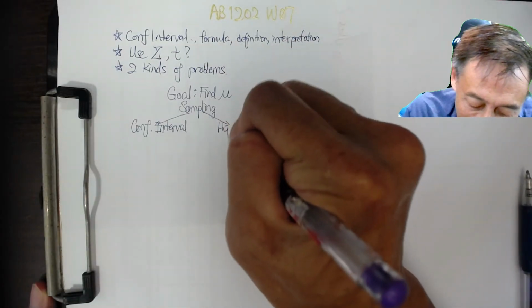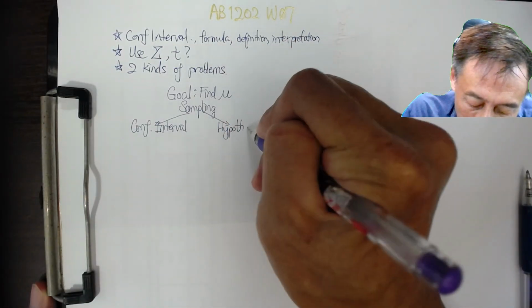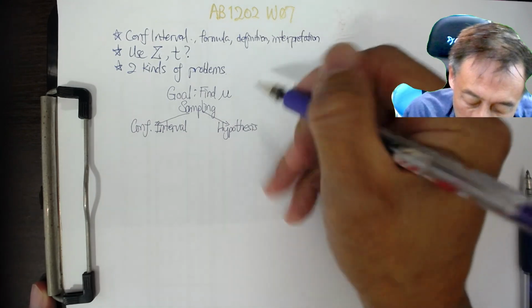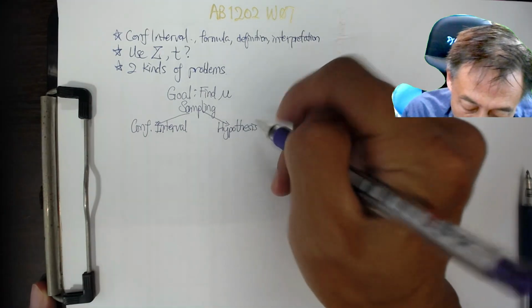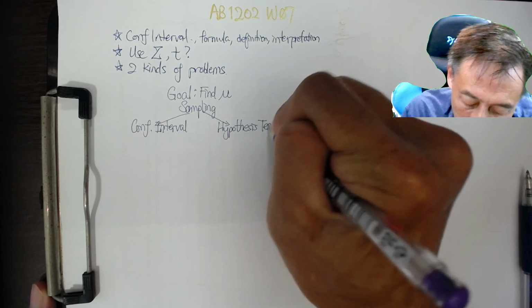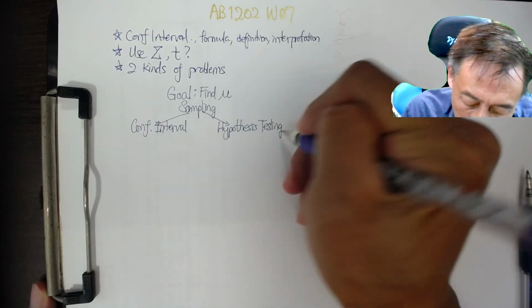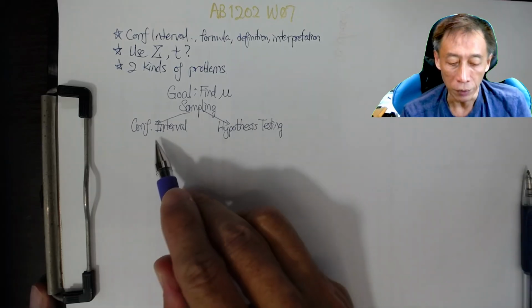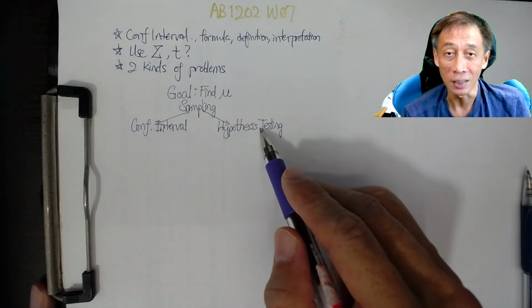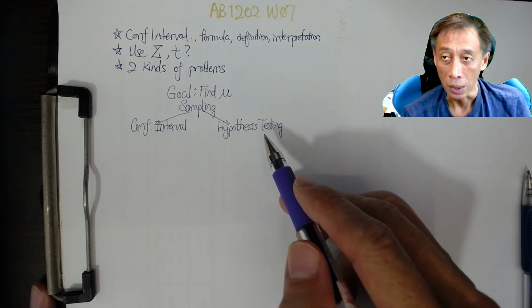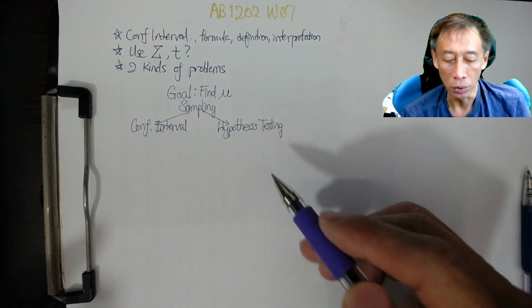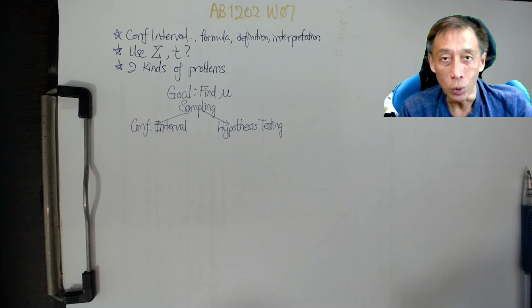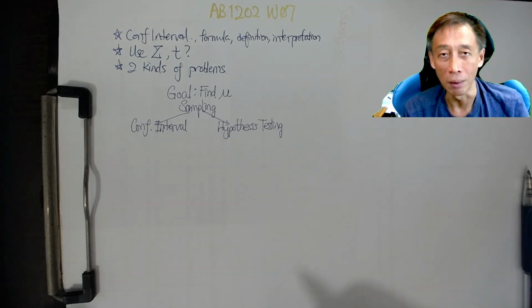And they are acceptable not just in mathematics and statistics, but also in the eyes of the law and the society. So essentially, confidence interval is one way, hypothesis testing is another way, right? In confidence interval, we want to put a range estimate around mu.